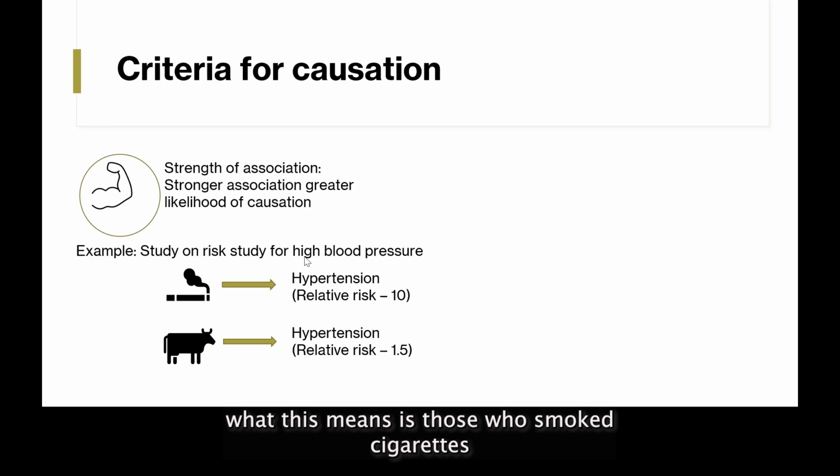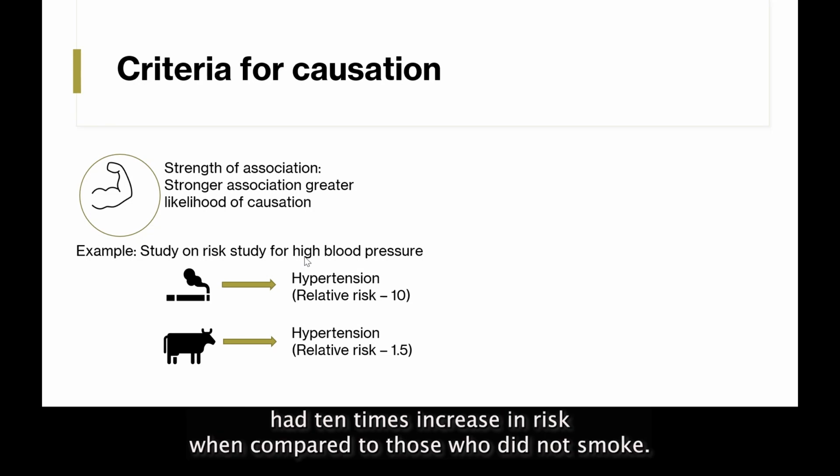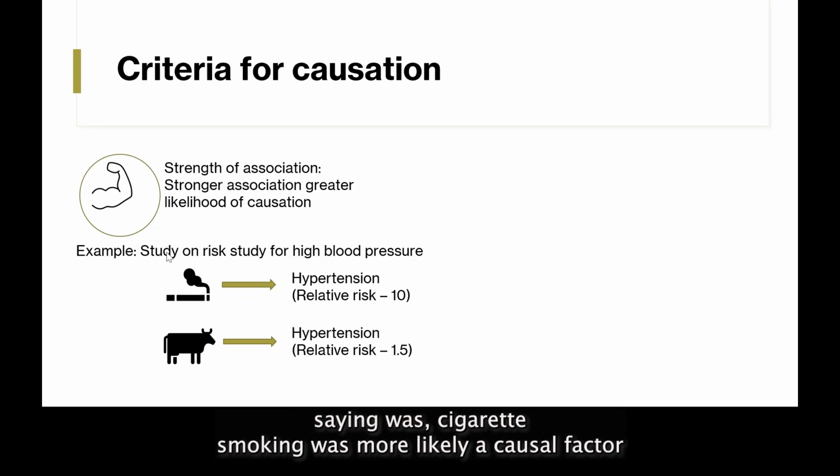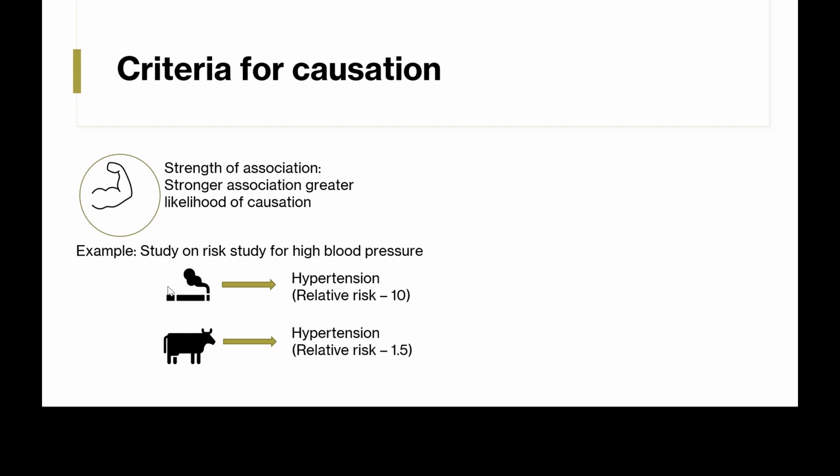What this means is those who smoked cigarettes had 10 times increase in risk when compared to those who did not smoke. In this same study, if consumption of beef, for example, had a relative risk of 1.5, what Hill's criteria was saying was cigarette smoking was more likely a causal factor than beef.